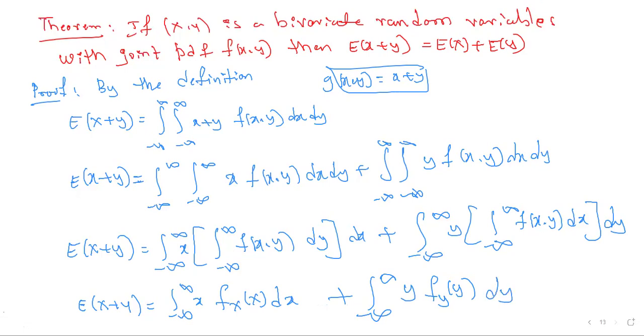So this is nothing but the expected value of x, plus the expected value of y. So the expected value of x plus y is equal to the expected value of x plus the expected value of y. A very simple proof.